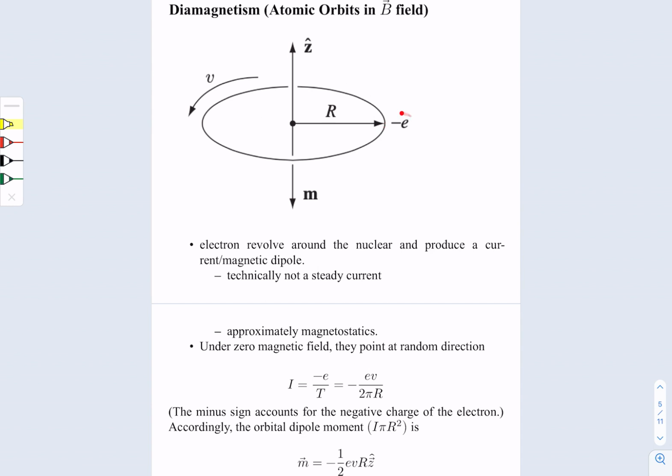The total charge passing this point is negative e, and the time required to pass that point is simply the period T. If you replace T by 2 pi over omega, and then replace omega by v over r, you get the equation here. The minus sign is simply because the charge of the electron is negative.